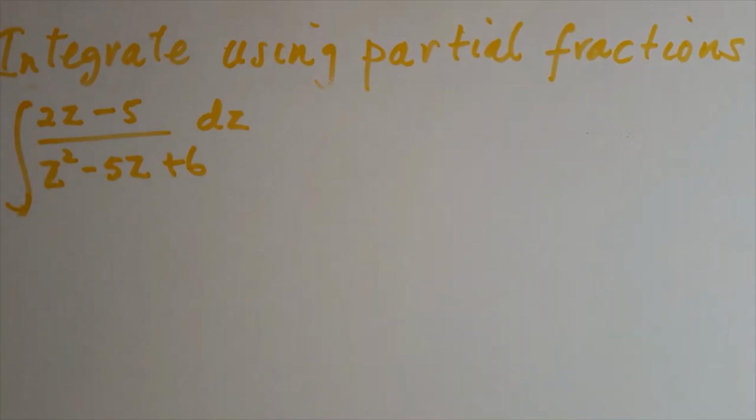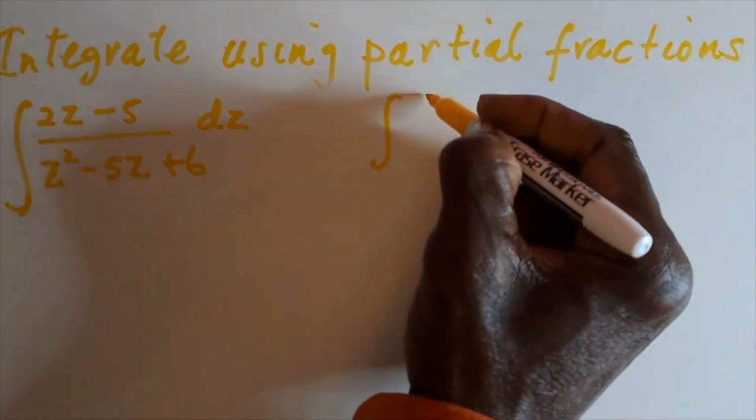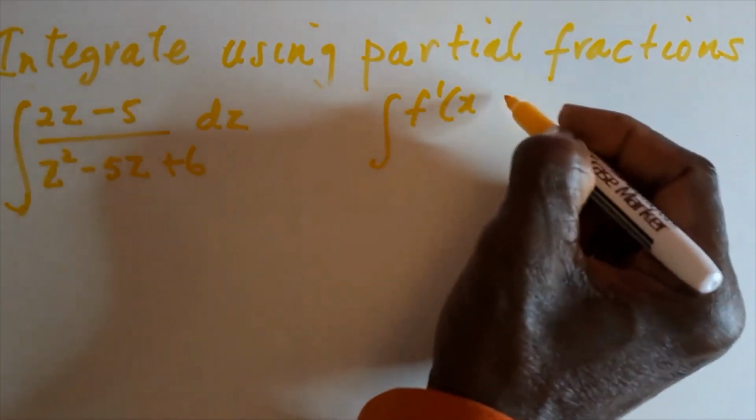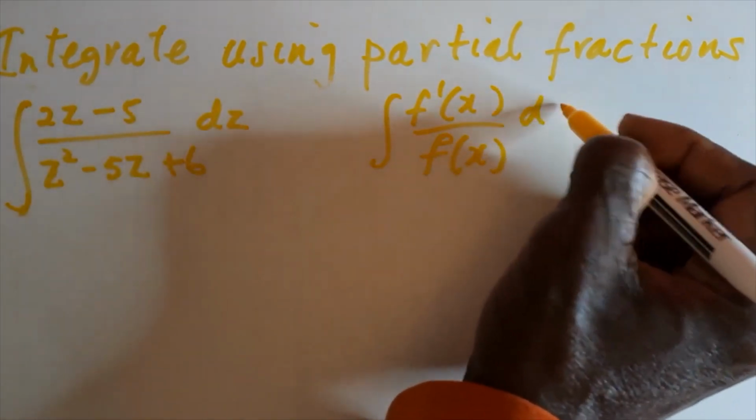So we can identify this with a family of integrals belonging to the integral of f dash x over f of x dx.